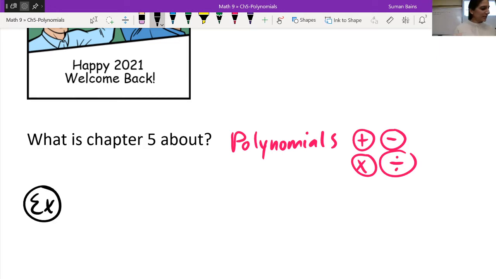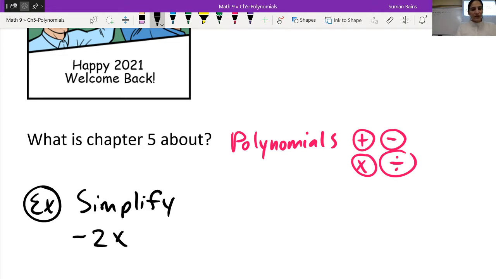So, first example. Let's say we want to simplify. And here's what I'd like you to do: try this on your own first, and then I'll run through the answer with you.